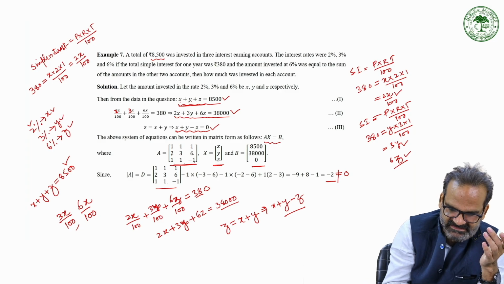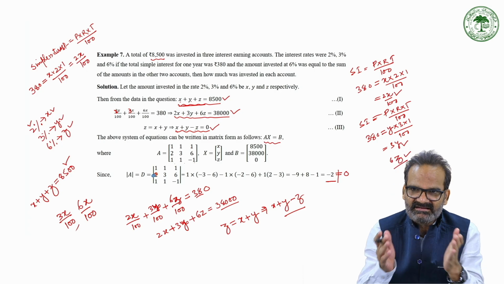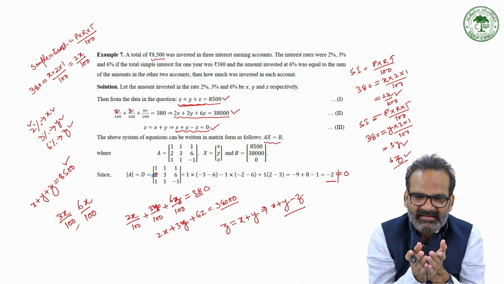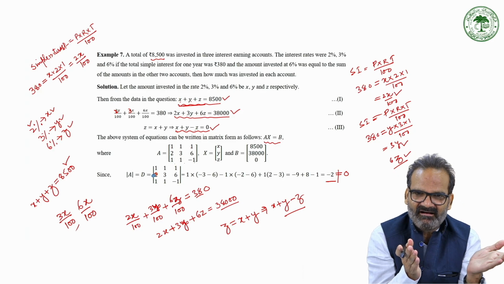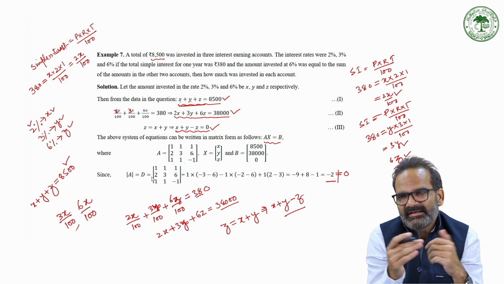Now what is our next step? In the next step, we have D with us. We will find dx, dy and dz, using the same approach as we used in the last example, to write down dx, dy and dz.